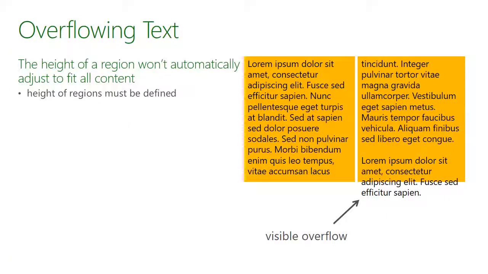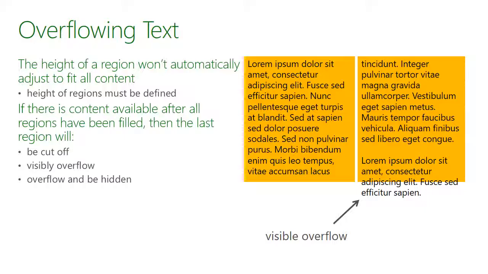Overflowing text in regions. The height of a region won't automatically adjust to fit all content, so you must define the height of regions. If there's content available after all regions have been filled, then the last region will either be cut off, visibly overflow, or overflow and be hidden.